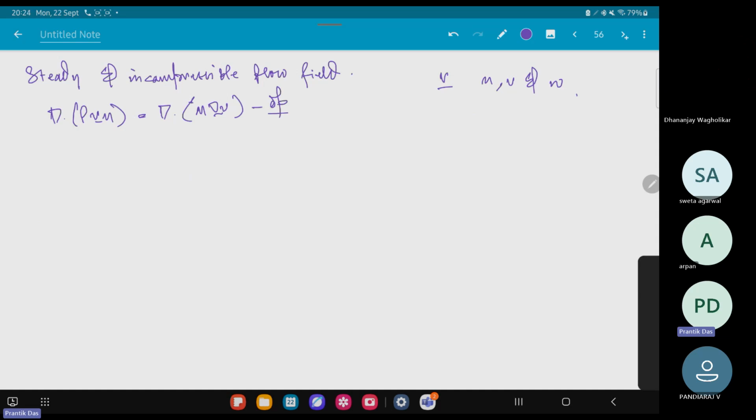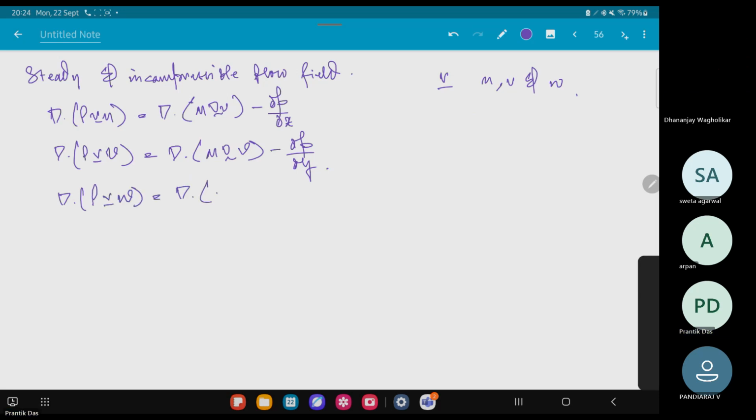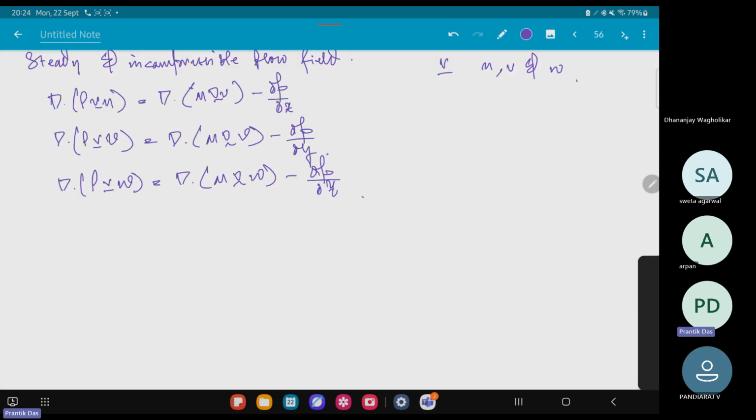Similarly, rho V bar v equals del dot mu grad v minus dp dy, and rho V bar w equals del dot mu grad w minus dp dz. Then what we are going to do is reduce this equation.